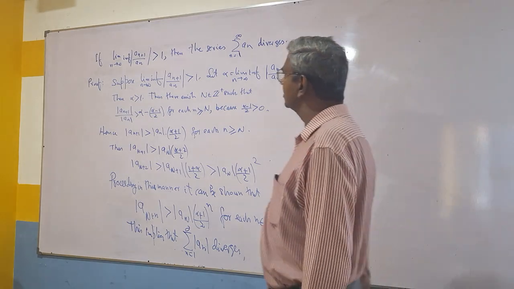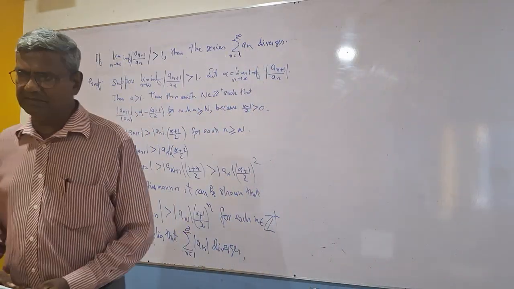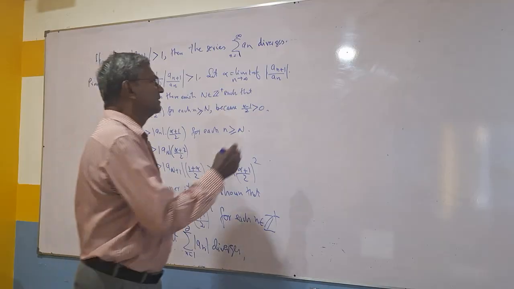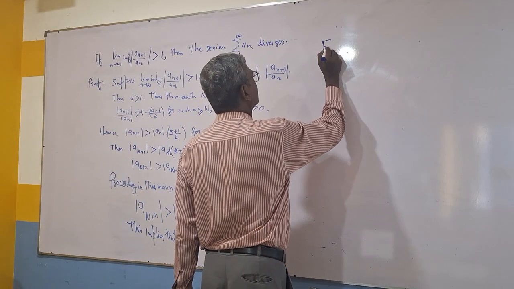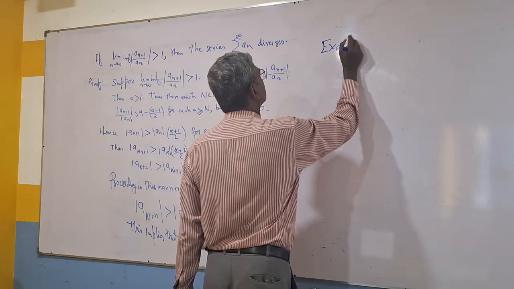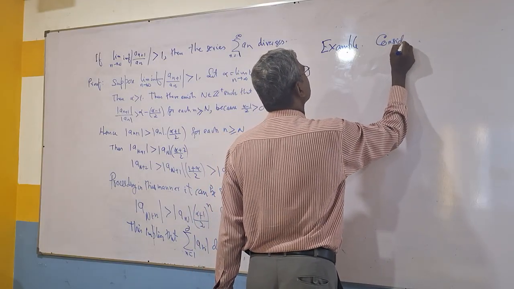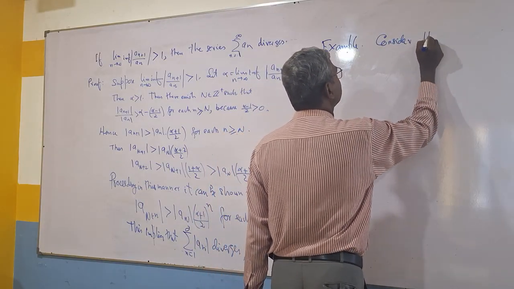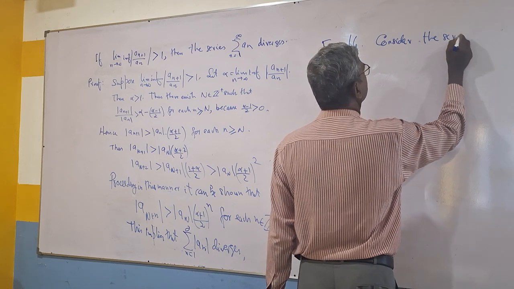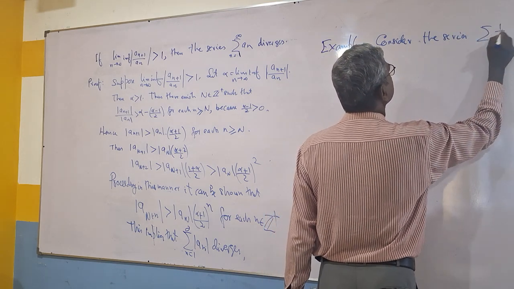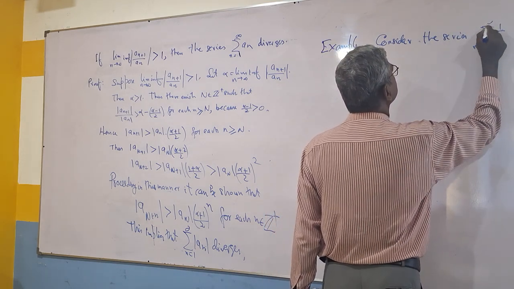That is true because if you consider, say, an example, consider the series sigma 1 over n, n from 1 to infinity.